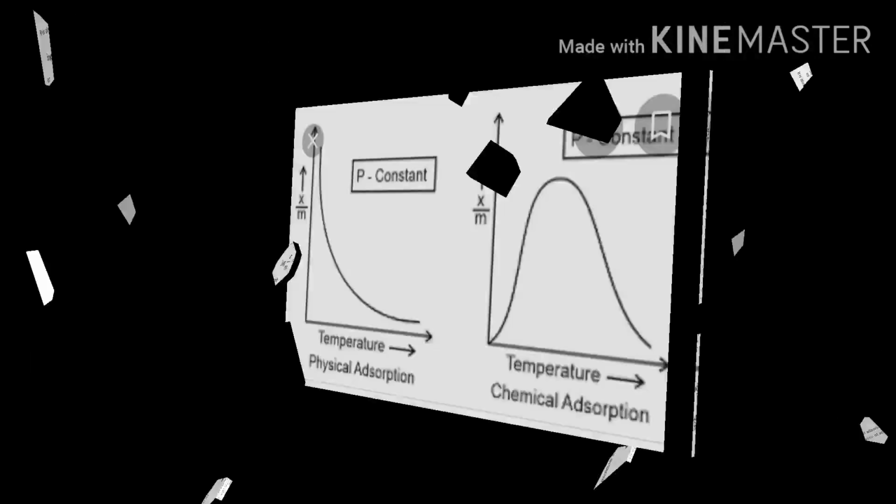To test the validity of this equation, taking logarithms of both sides, we get log x over m equals log k plus 1 over n log p. A graph plotted between log x over m against log p will give a straight line with slope equal to 1 over n and intercept equal to log k.